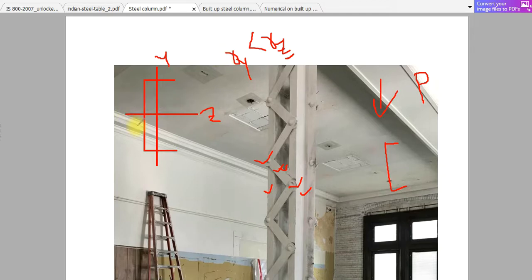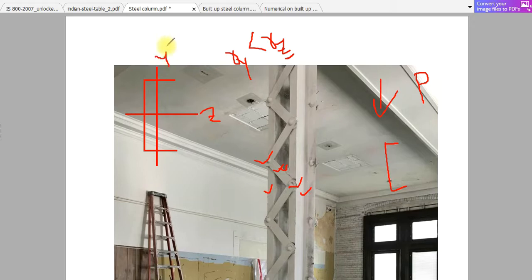When I say it is failing about the y-axis, you have to imagine that the rotational axis will be the y-axis. It will buckle in such a way that the rotational axis is the y-axis. In this case, as ry is very much less than rz, the y-axis is the weaker axis.